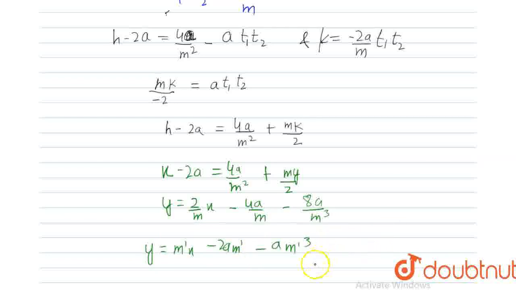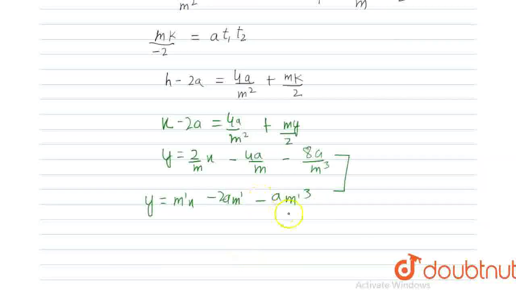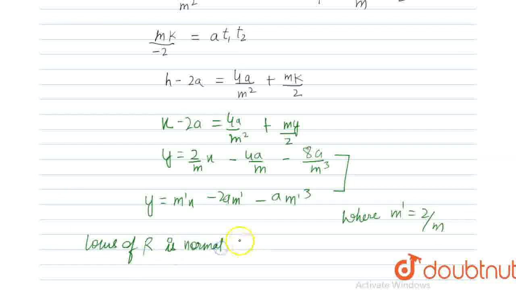So if we compare both these equations, we can easily say that m dash is equal to 2 by m. So the locus of this point R is normal to the parabola. That is what we needed to prove. Thank you.